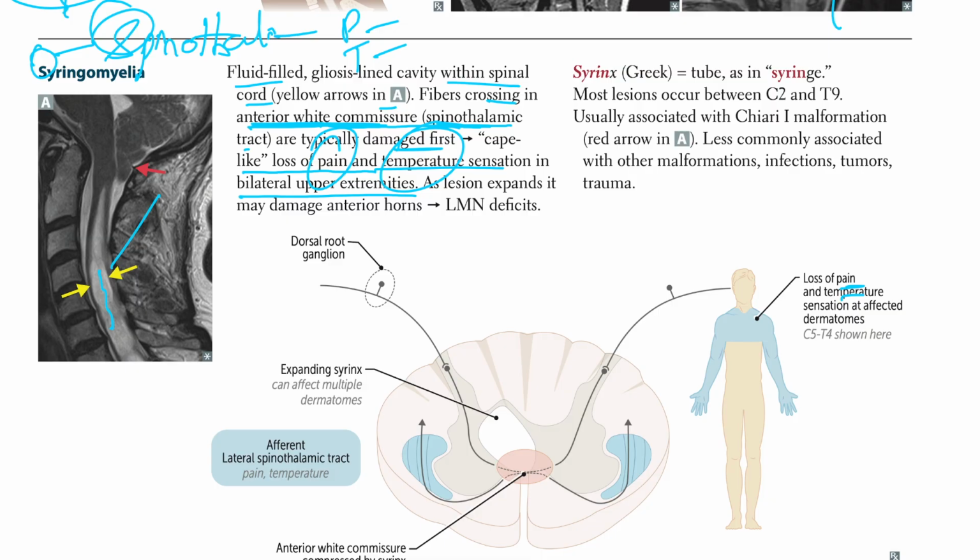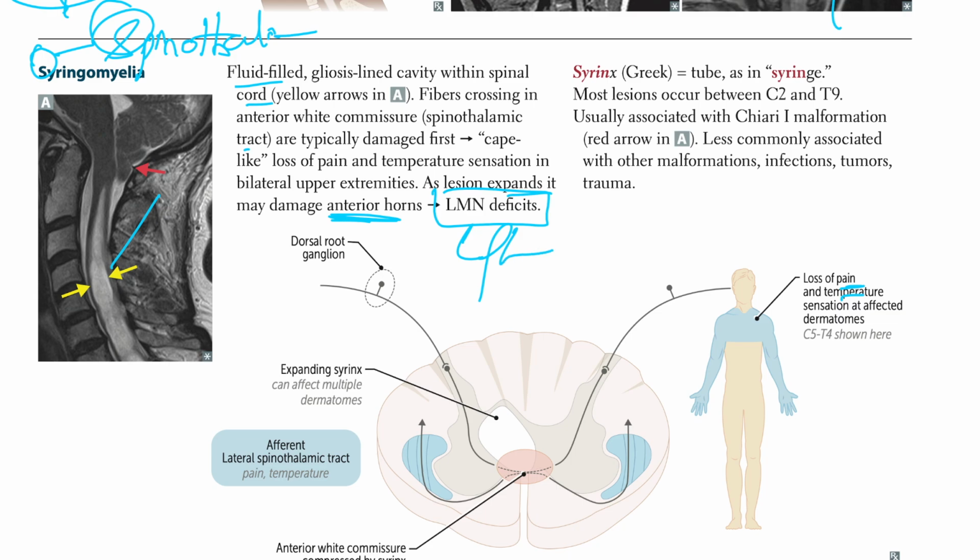And as the lesion expands, so this lesion, which is right here, is going to expand, it may damage the anterior horns. And when it damages the anterior horns, it's going to cause lower motor neuron deficits. What are the lower motor neuron deficits? Your flaccid paralysis.